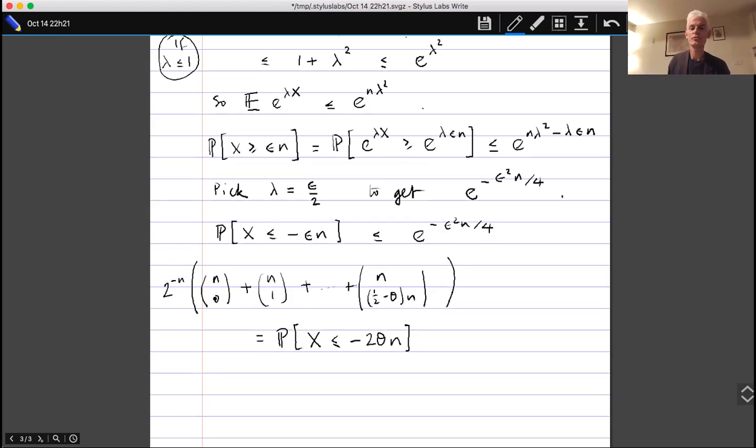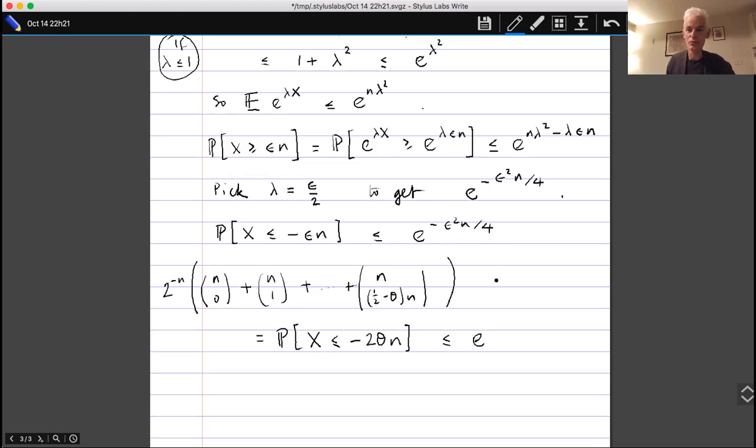So this thing here would be the probability that a random variable that takes values 0 and 1 is at most a half minus theta times n. But then if you change the 0 and 1 into a minus 1 and a 1, then it transforms to this inequality. And so by what we just proved, that's less than or equal to e.